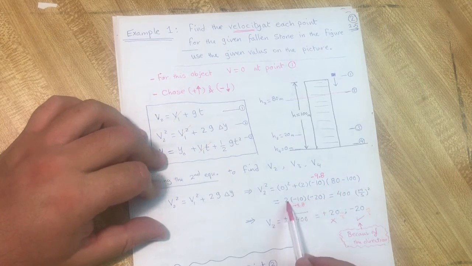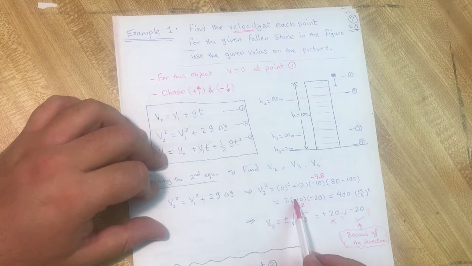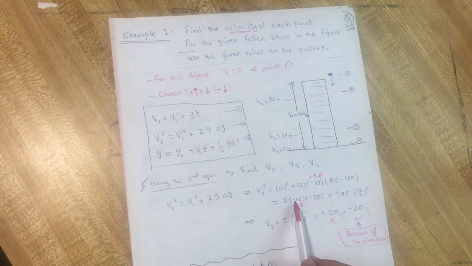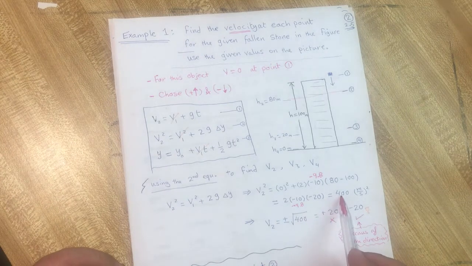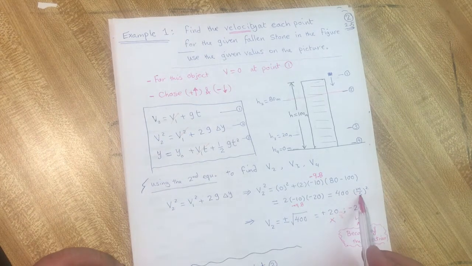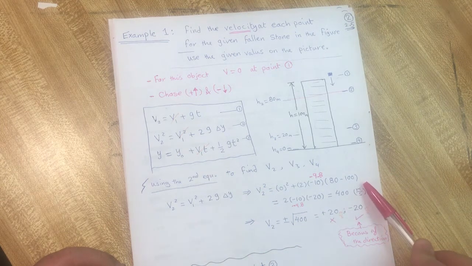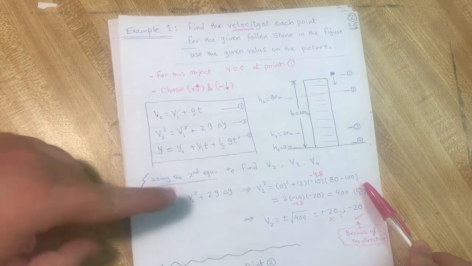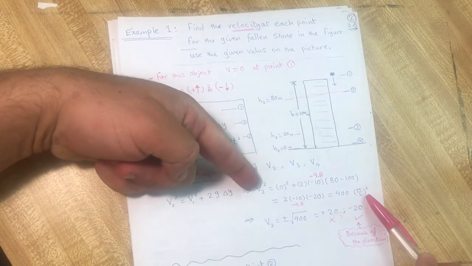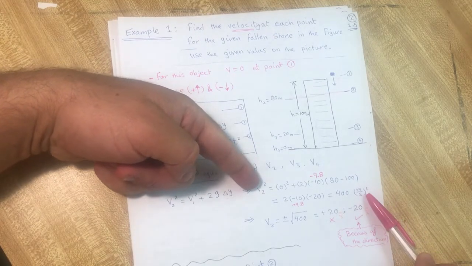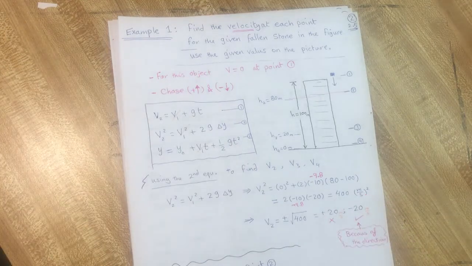This will be equal to, the final velocity squared, 400 meters per second all squared, because the velocity is squared. The unit of velocity is meter per second, but we have velocity squared, so this unit is squared. We need the velocity, not the square of it.